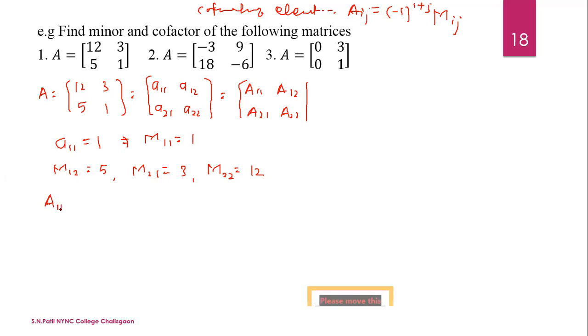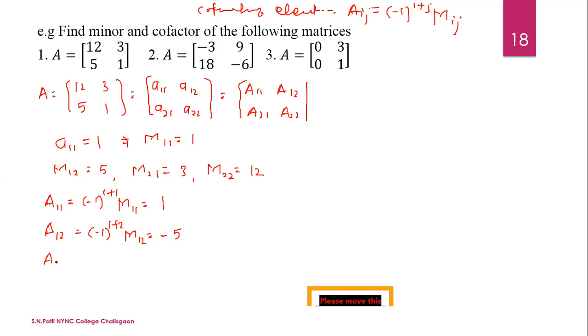Okay. The first element A11 is minus 1 raised to 1 plus 1 into M11. M11 we have calculated, that is 1, and minus 1 raised to 2 is plus 1. Now next A12, minus 1 raised to 1 plus 2 into M12. M12 we calculated, that is 5, and here the addition of the power is odd, that is 3, so keep the minus sign as it is.